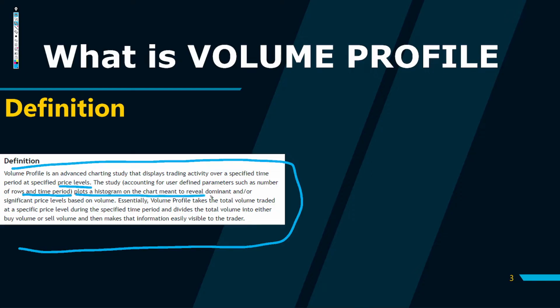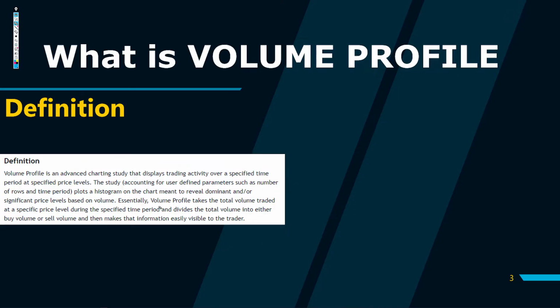It plots the histogram on the chart meant to reveal dominant and or significant price levels based on volume, right? So essentially, volume profile takes the total volume traded at a specific price level during the specified time period, whatever we're looking at, and divides the total volume into either buy volume or sell volume, and then makes that information easily visible to the trader.